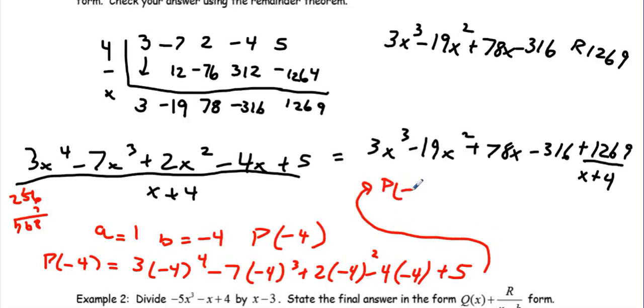So P of -4 is, I believe, 768 plus, because this is going to be a minus, and then a minus here is a plus. So this is 64 times 7, 448. Plus 32 plus 16 plus 5.